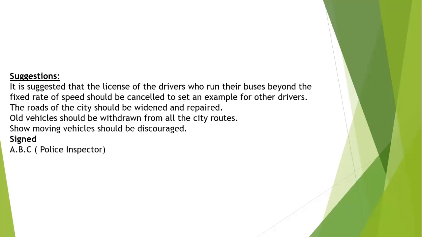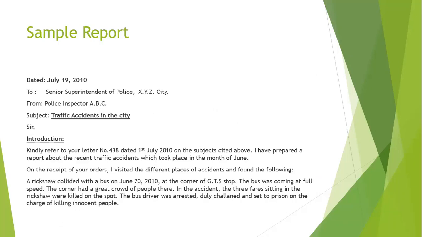So students, you've seen how you will be writing a report. In the first passage, you will be introducing, writing down why you are writing the report. Then what you did after you decided to write a report, how did you collect information.